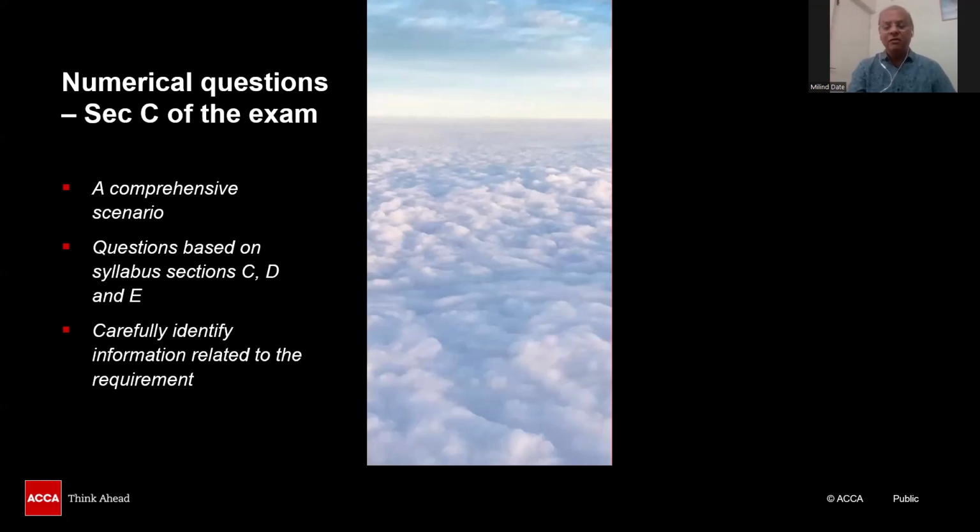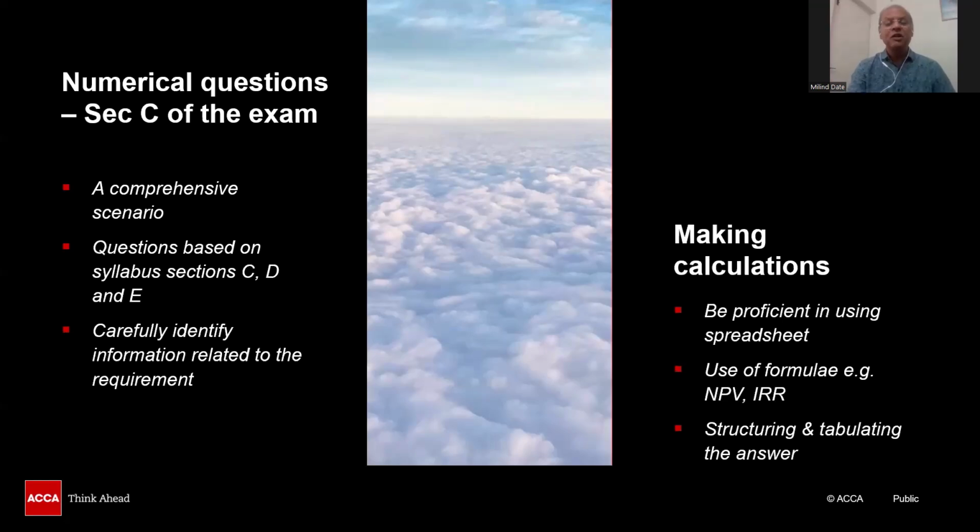So whenever you're making calculations, you need to show proficiency in using spreadsheets, especially use of formulae in terms of various functionalities like net present value or IRR. But that's in the end. Actually, a lot of care has to be taken in ensuring that you structure or tabulate your information very, very proficiently.